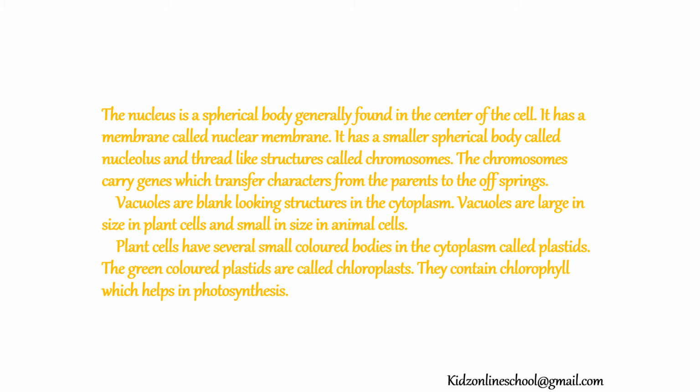It has a membrane called nuclear membrane. It has a smaller spherical body called nucleolus and thread-like structures called chromosomes. The chromosomes carry genes which transfer characters from the parents to the offspring.